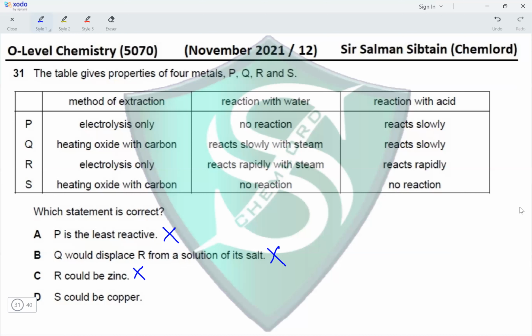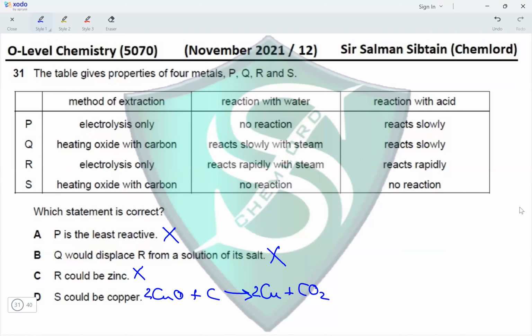Let's look at what D says. S could be copper. Now, heating oxide with carbon. We have copper oxide heating with carbon, giving us copper metal and carbon dioxide being formed. So this is the method of extraction.